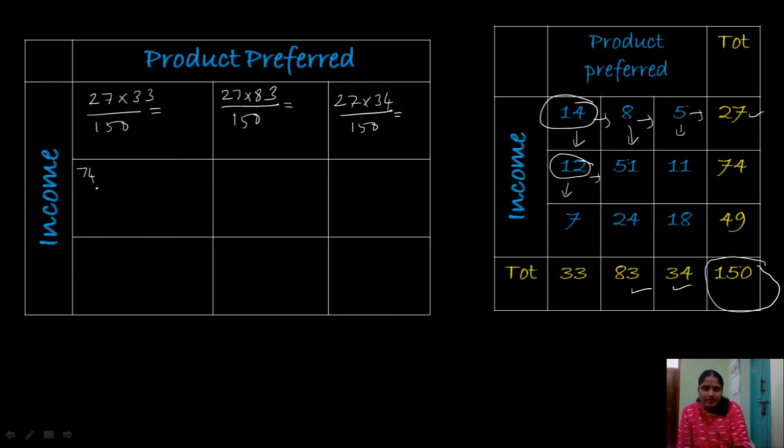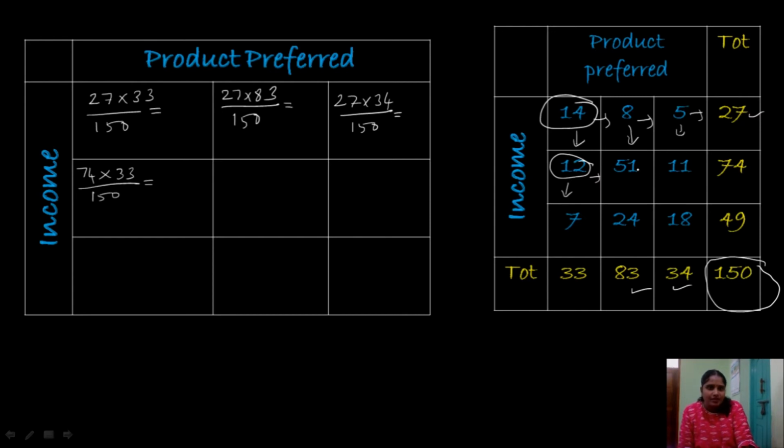That is, for 12 the row total is 74. Multiply 74 with its column total 33 and divide this by 150, you get the expected frequency for the observed frequency 12.